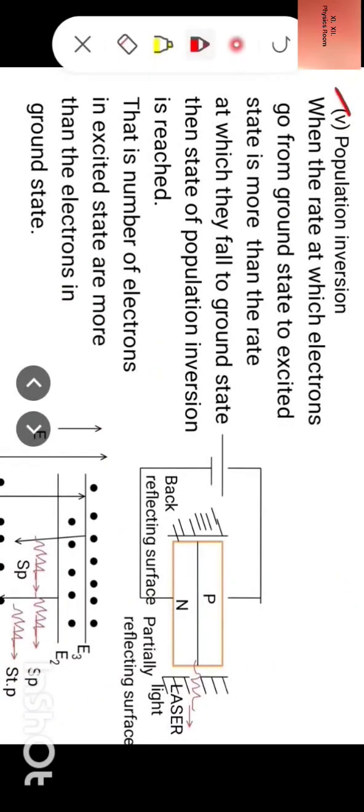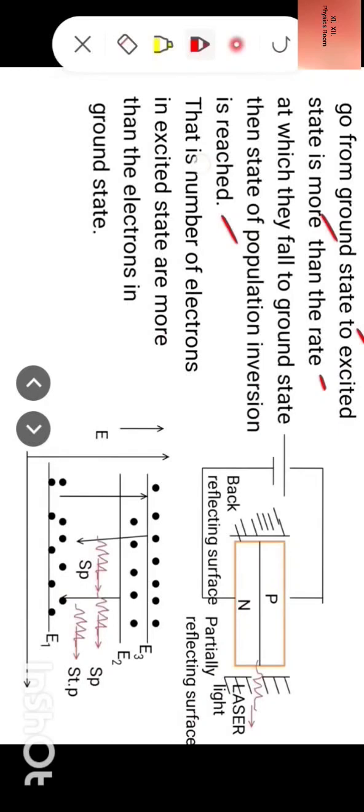Fifth, population inversion. Now let us try to understand population inversion. When the rate at which electrons go from ground state to excited state is more than the rate at which they fall to ground state, then the state of population inversion is reached.